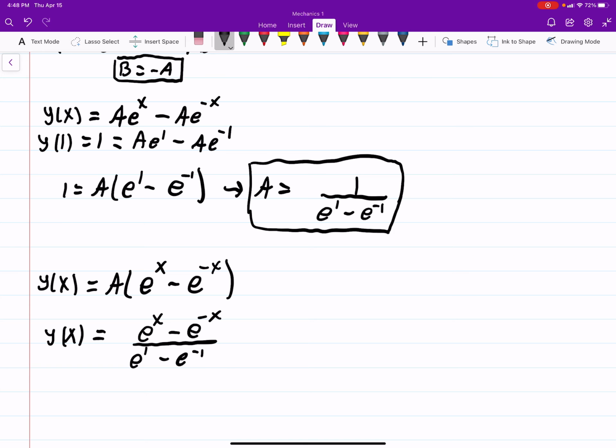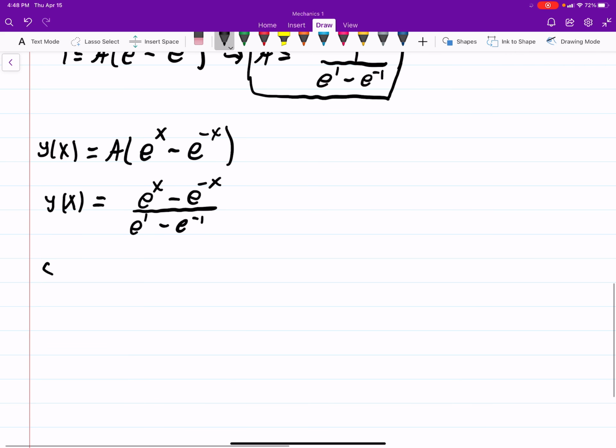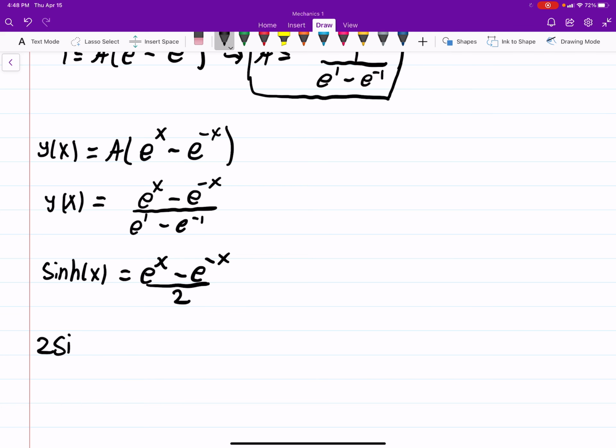So you could leave it there if you want, but you can also write this in terms of your hyperbolic trig functions. So sine hyperbolic of x is equal to e to the x minus e to the minus x over 2. So if we multiply both sides by 2, the numerator is just 2 times hyperbolic sine of x. And if you let x be 1, you'll get the same result for the denominator, 2 sine hyperbolic 1.